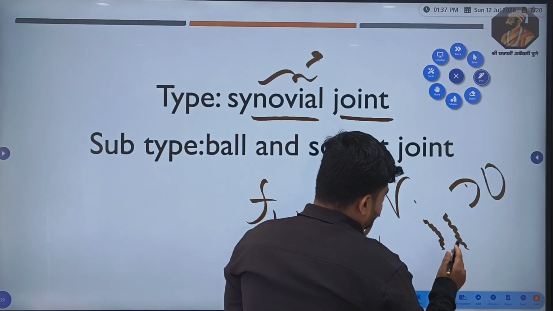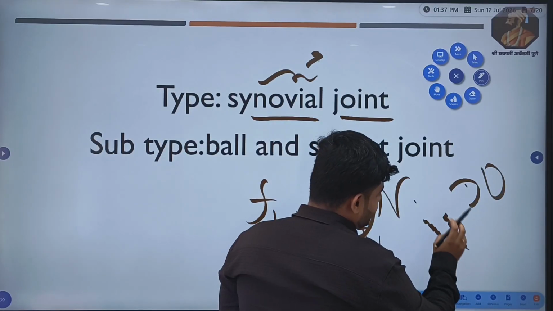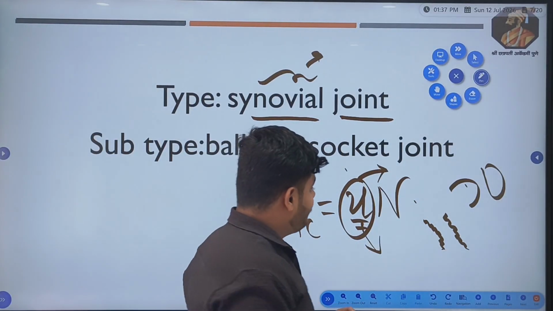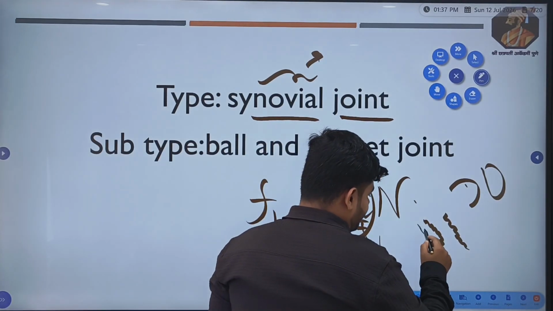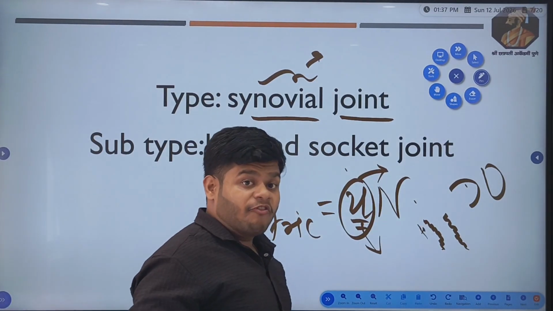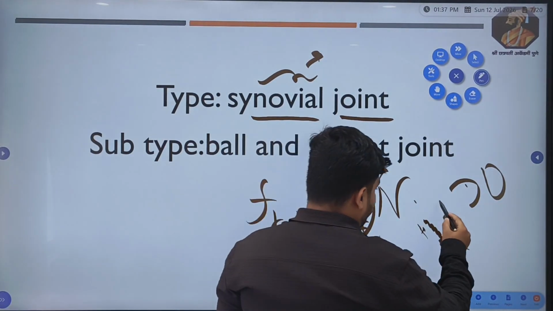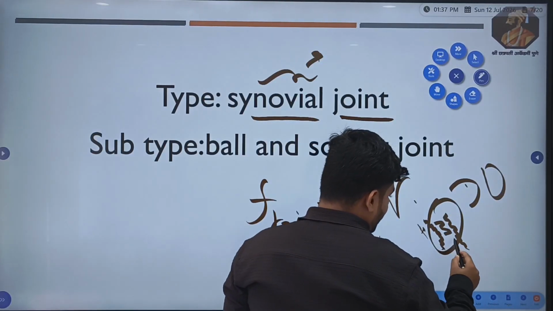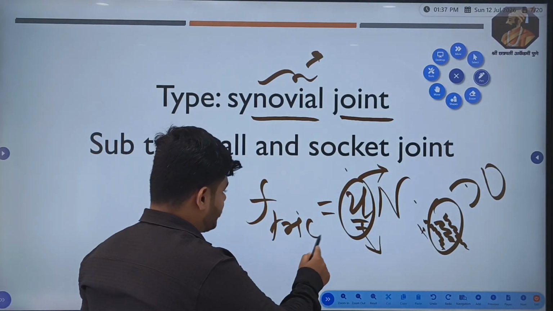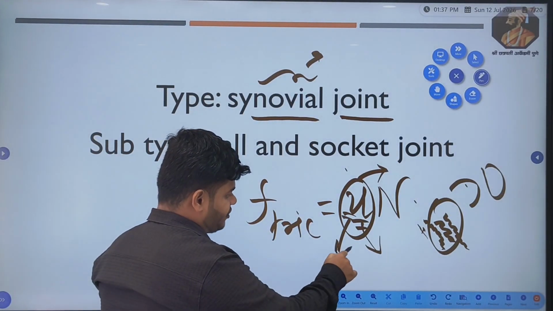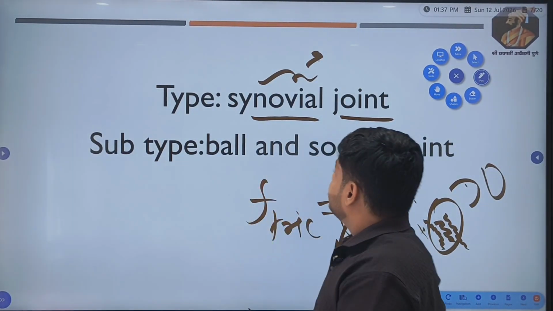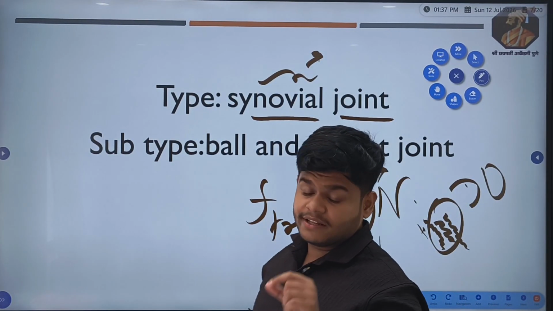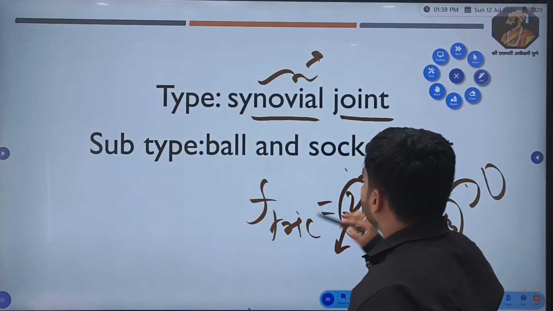Whenever there is movement, these structures rub each other, and there is a chance of damage to the bone. The synovial fluid acts as a lubricant between them, which reduces the coefficient of friction and makes the surface smooth, and hence this synovial fluid is present in the synovial cavity.